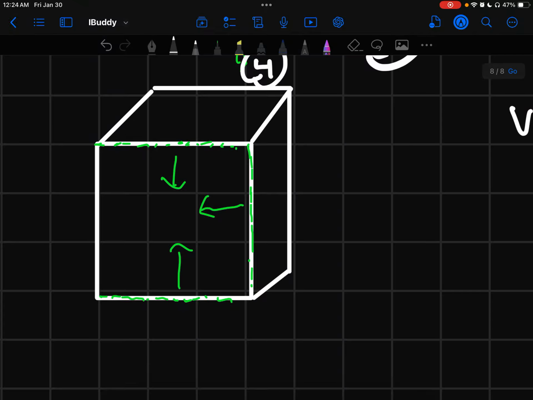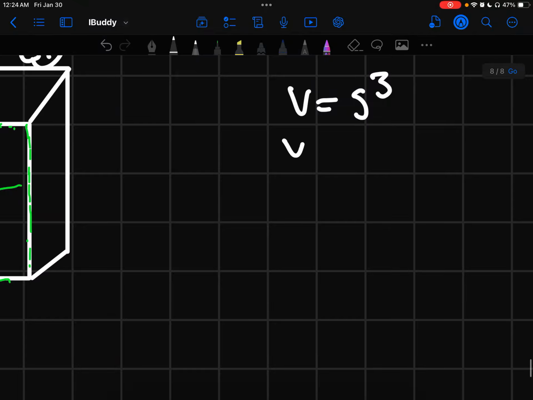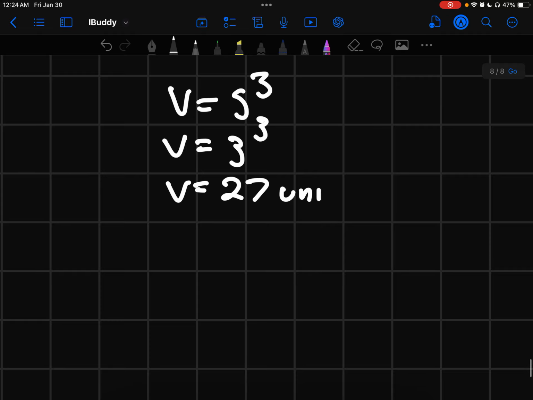Since we know that each side in a cube is the exact same, we can just make all of these sides 3, for example. So if we just plug in 3 into the formula, the volume is 3 cubed. So the volume will be equal to 27 units cubed.